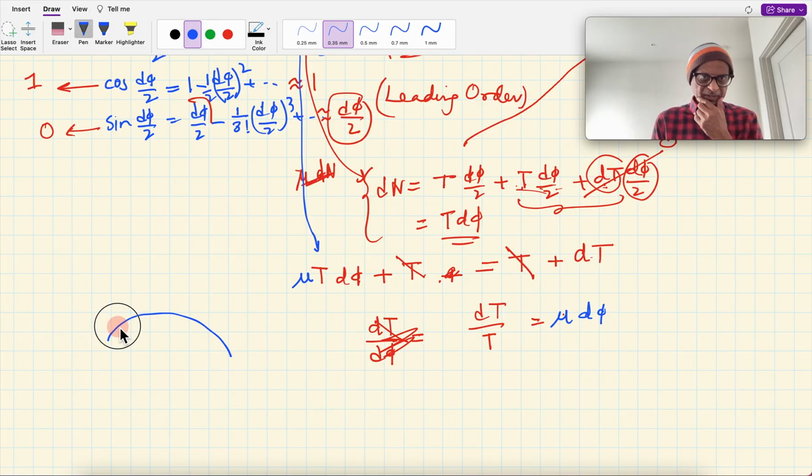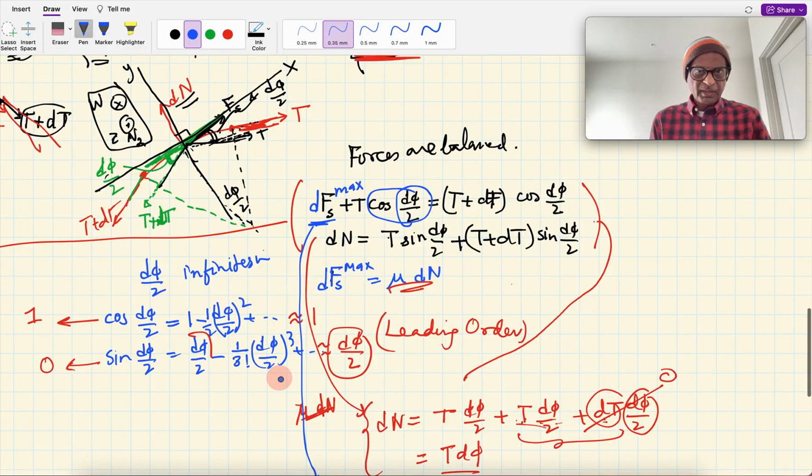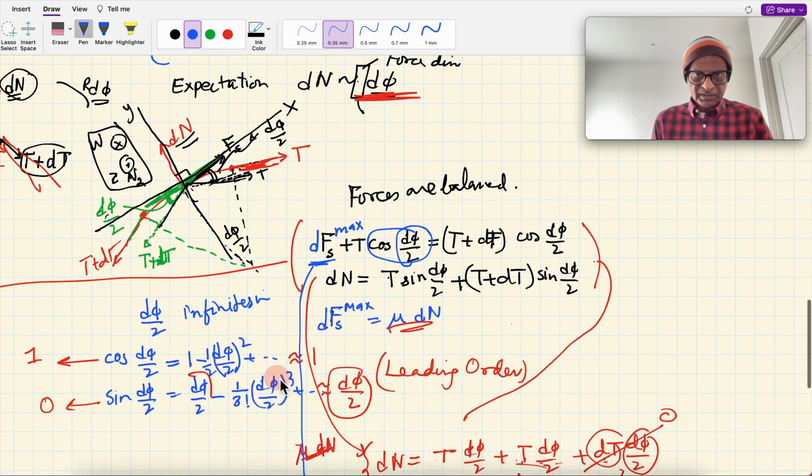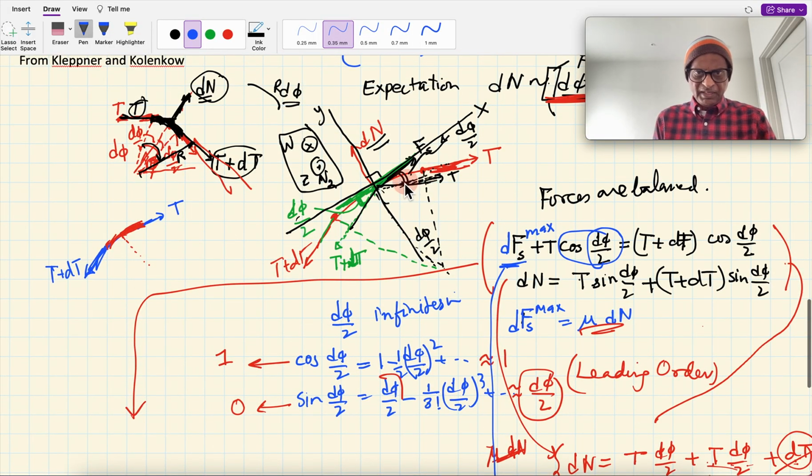We said this side was T and this side T plus dT, and φ increases. Did we do it correctly in terms of setting it up? Where's my picture? So we have T this way and T plus dT this way, and we are going to go in that direction.